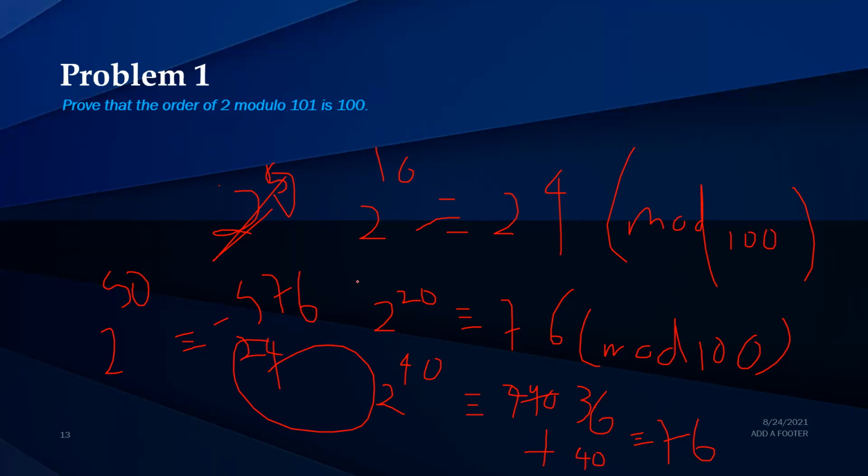I think I've gone wrong somewhere. 2 raised to 40 is congruent to 76 mod 100. Oh, sorry, we were working in mod 101.